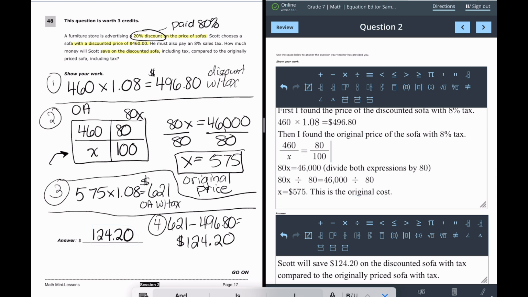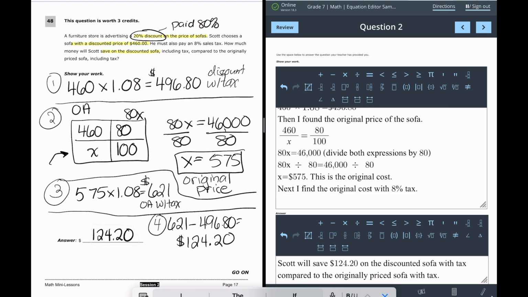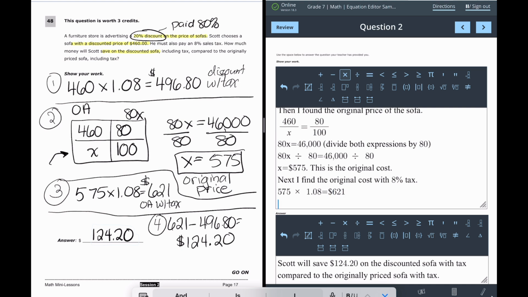Okay, and if I wanted to, I can again keep splitting my work. So what's the next thing I found? I find the original cost with 8% tax. Okay, so first I found the original price of the sofa. Next, I find the original cost with 8% tax. So I did 575 times 1.08 is equal to $621. Okay.